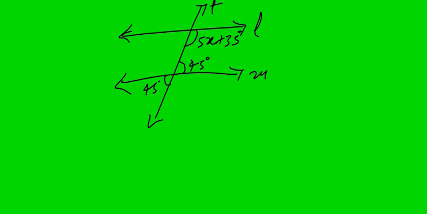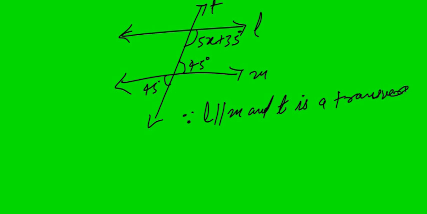So we will write, since L is parallel to M and T is a transversal. Remember that if it is given in the question, you also write the solution like this. First of all, you have to explain which lines are parallel and which is the transversal. Then you already know that the interior angles on the same side of the transversal sum to 180 degrees.